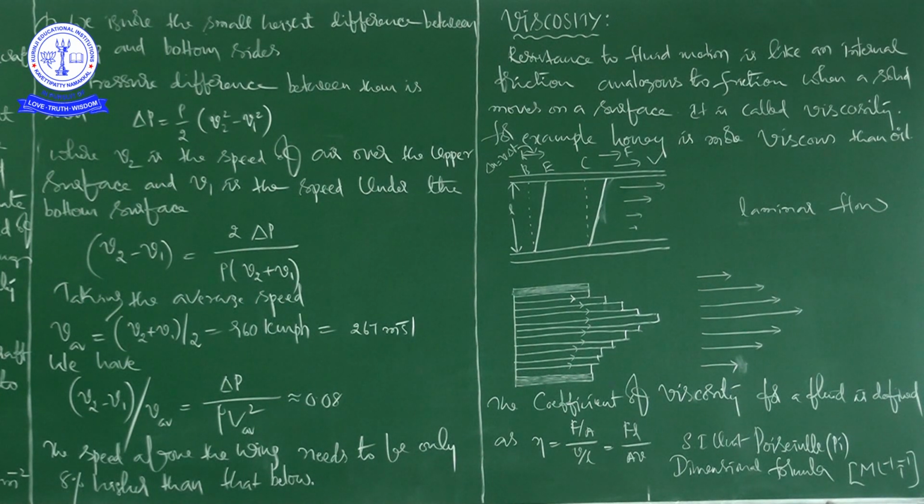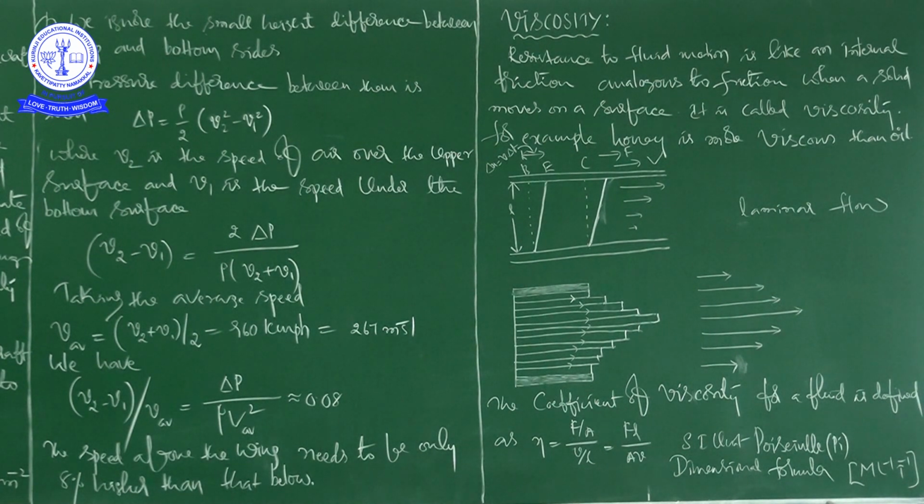For any layer of a liquid, its upper layer pulls it forward while the lower layer pulls it backwards. This picture gives complete information about viscosity. This results in a force between the layers. This type of flow is known as laminar flow.